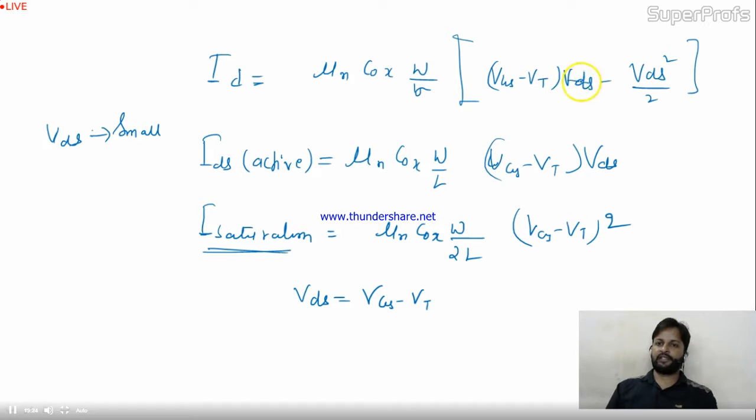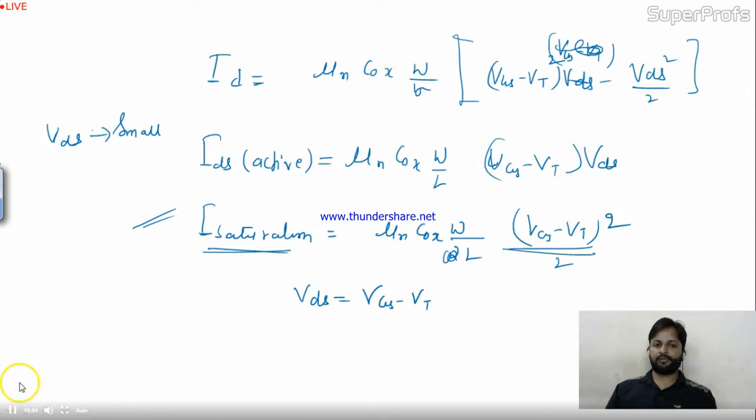So instead of VDS we kept over here VGS minus VT, so this becomes square. Here also the half is available. So when you subtract, it will become (VGS minus VT) square by 2. So this 2 I'm taking out. So for the saturation region, the formula is mu n COX W by L (VGS minus VT) whole square divided by 2. I hope this is clear to you.